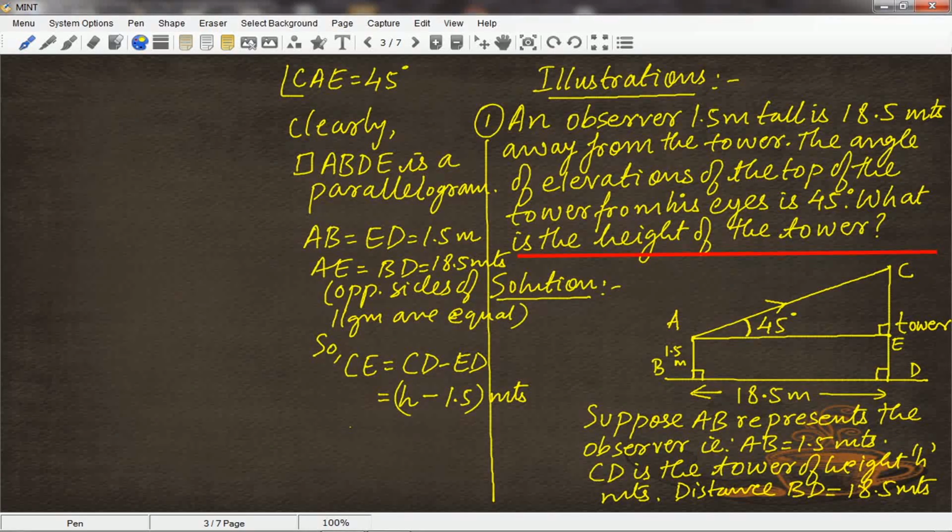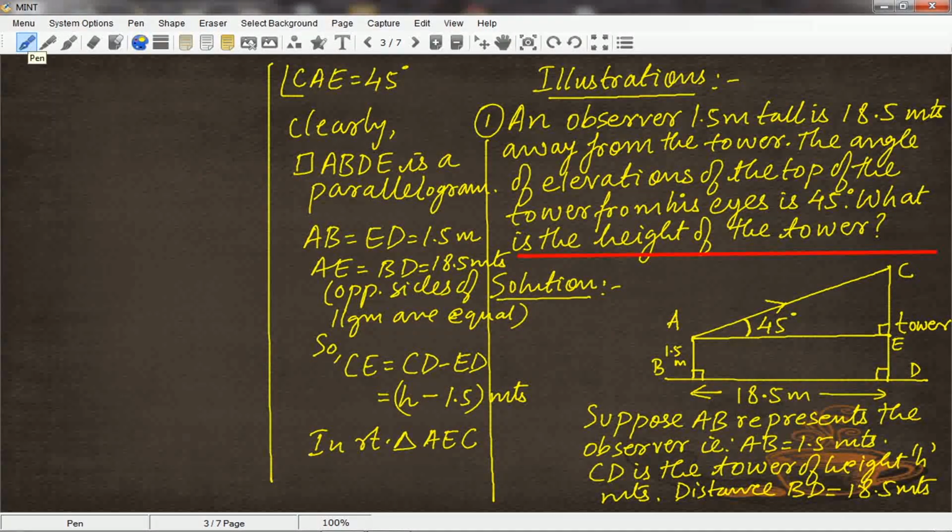The next step is to choose appropriate trigonometric ratio to complete the solution. So हमारा choice है यहाँ पर tan 45 या cot 45 भी ले सकते हैं. तो in right triangle AEC we are going to use tan 45.